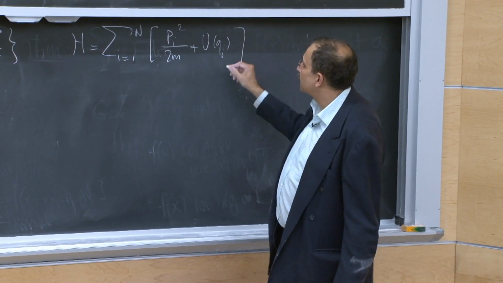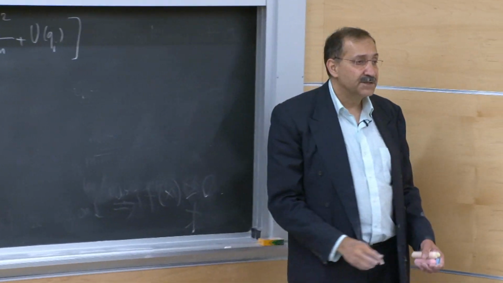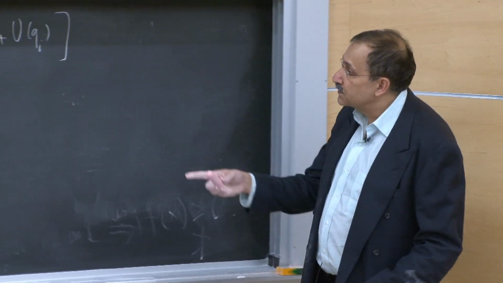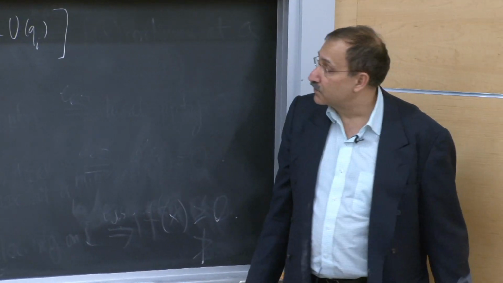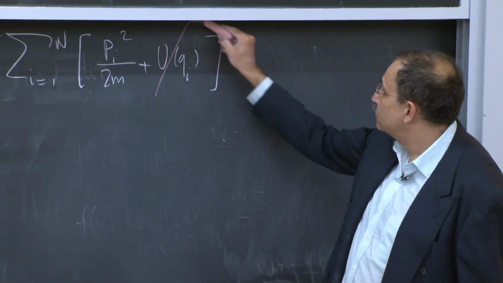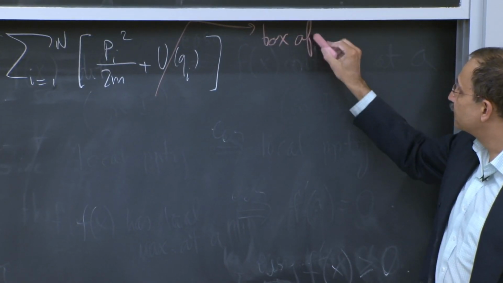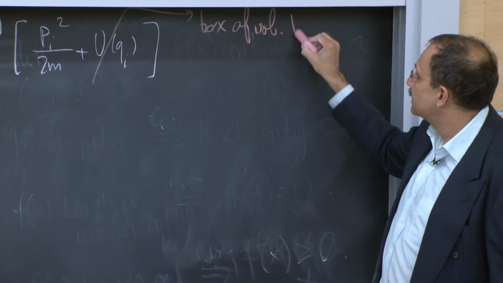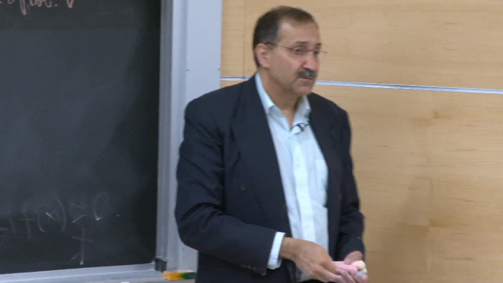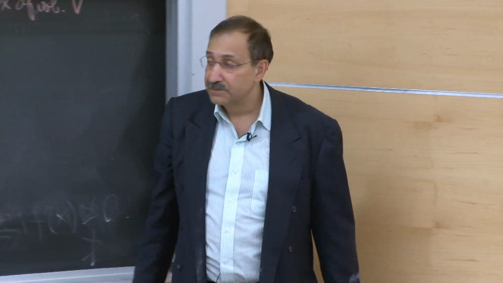Individual particles have a kinetic energy and some potential energy. And since we are stating that we have a box of volume V, this U essentially represents this box of volume V. It's a potential that is 0 inside this volume and infinity outside of it.